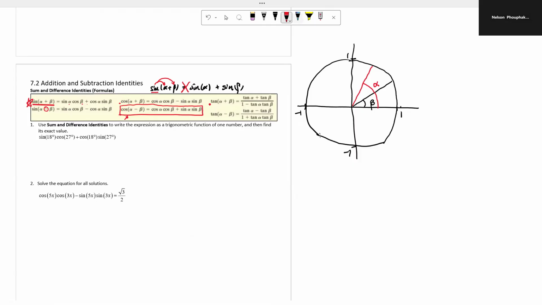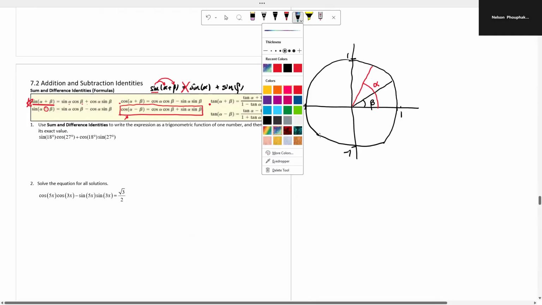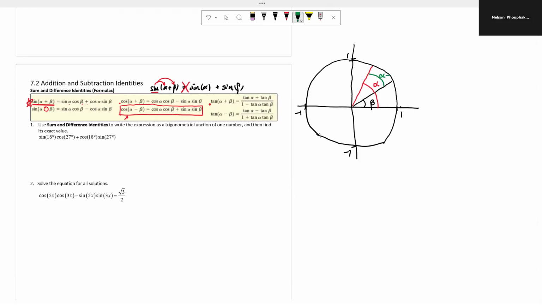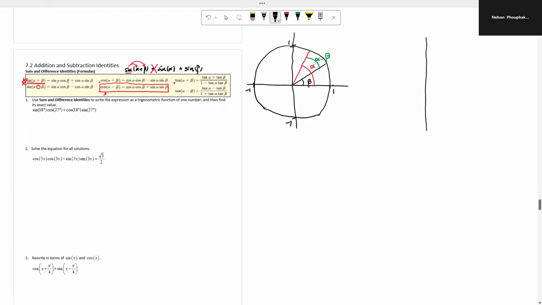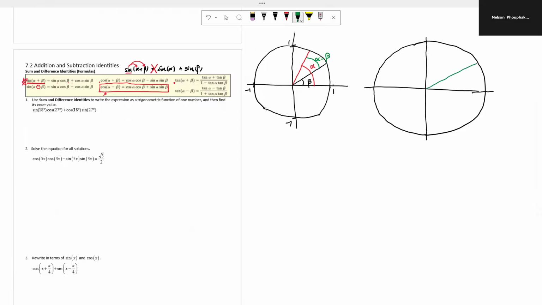In this case, of course, you will see that this angle right here will be alpha minus beta.